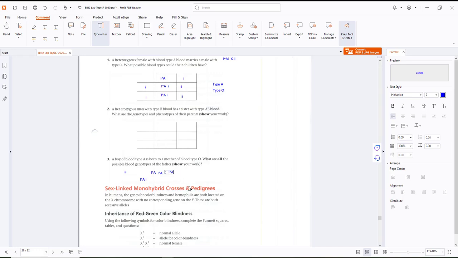AO? Could he be heterozygous like his son? Sure. Okay. Could he be AB? Sure. Okay.